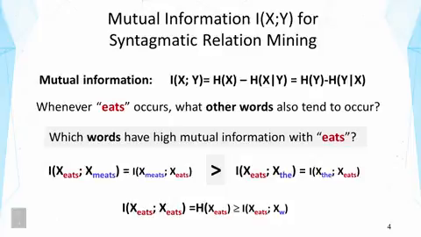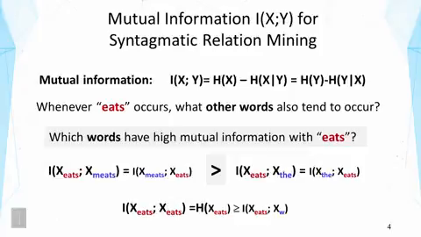So let's examine some intuition of using mutual information for syntagmatic relation mining. Now, the question we ask for syntagmatic relation mining is whenever eats occurs, what other words also tend to occur? So this question can be framed as a mutual information question. And that is, which words have high mutual information with eats?